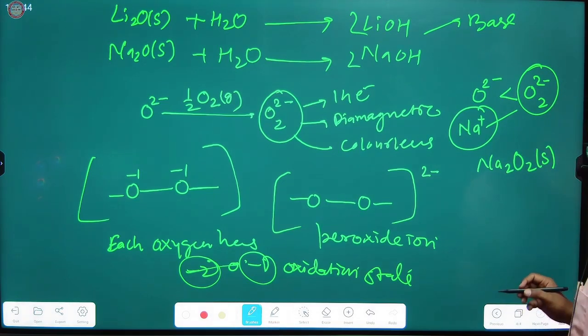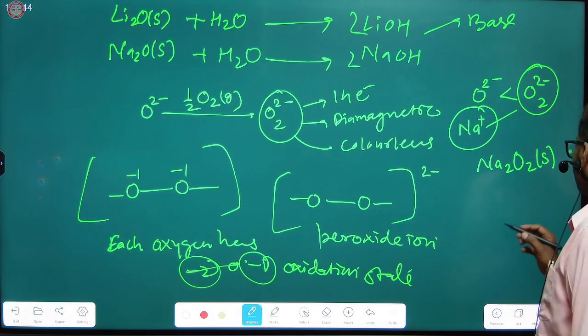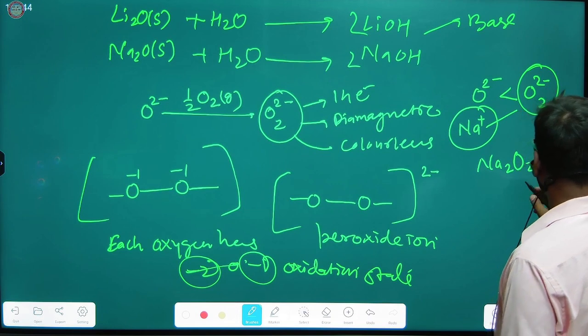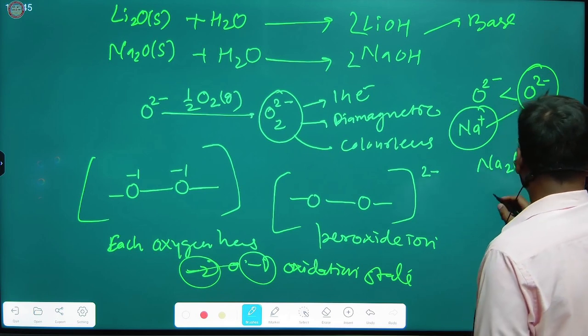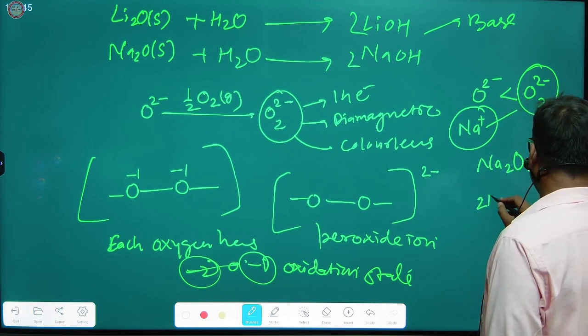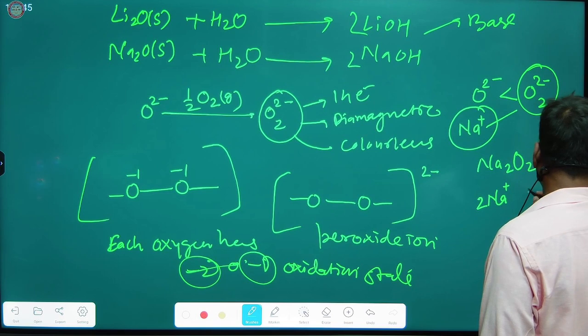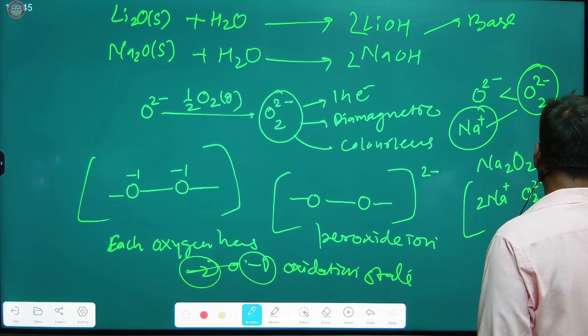So here the sodium cation is stabilized by one peroxide anion. It means 2 Na plus and O2 2 minus in the crystal lattice.